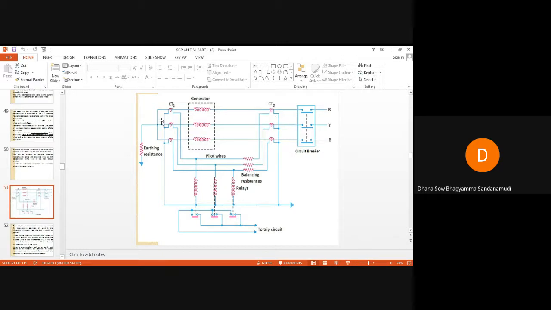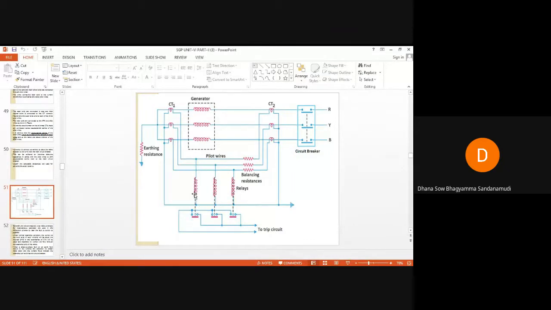Then the EMFs induced across the secondaries of the CTs will no longer be the same. Because of that, the current flowing through these pilot wires will no longer be the same, so differential current will flow through these relay coils and the trip circuit.